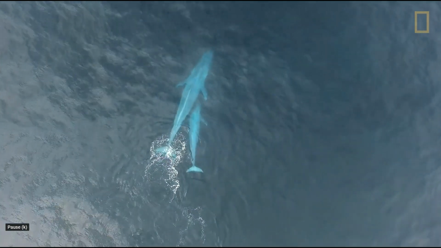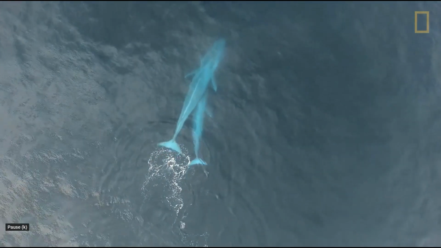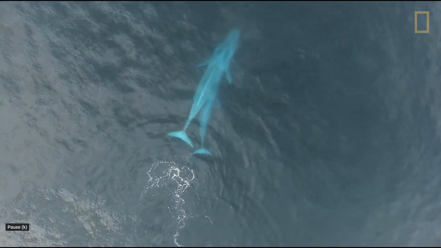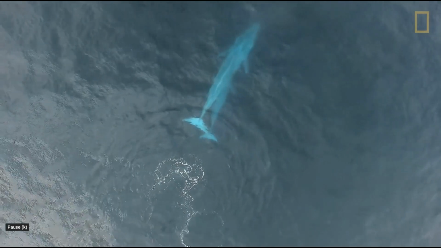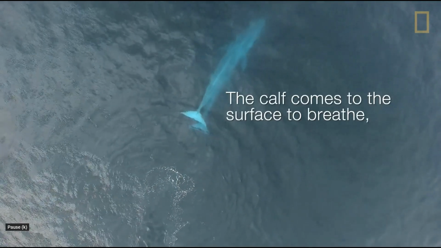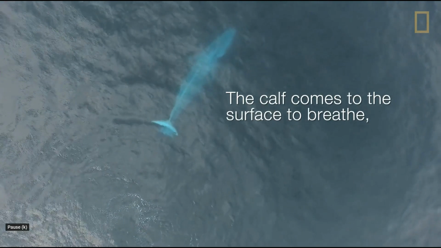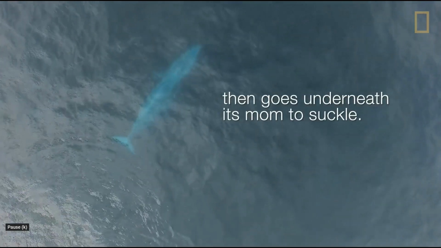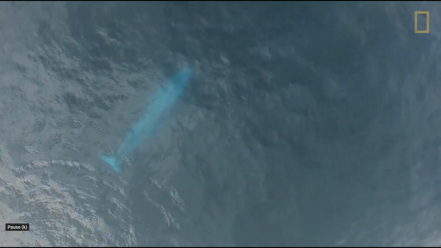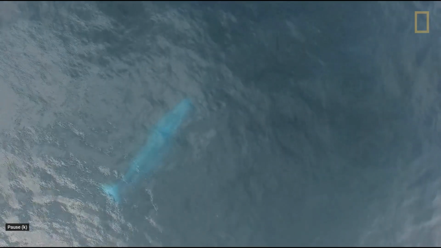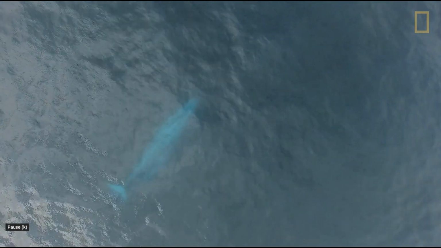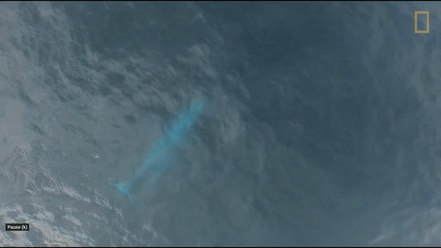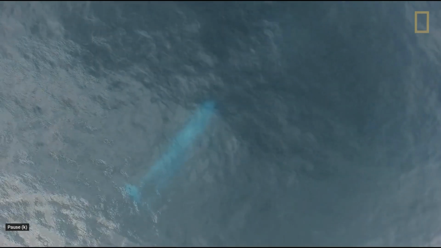to 6 months old. Whales and dolphins have to coordinate breathing with lactation, and what we can see in this video is that the calf is alternating between coming to the surface to breathe and then going under its mom for a period to suckle. The animals are basically stationary, so we don't think that this was sort of a position that would help locomotion.